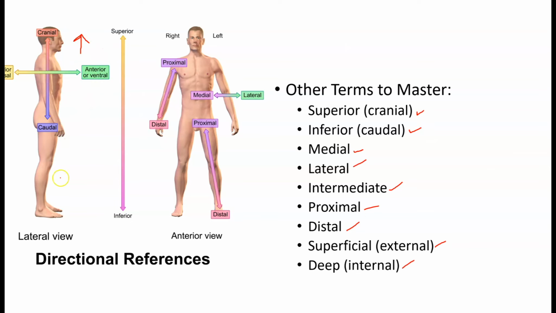Inferior is down toward the feet. Medial is anywhere toward the midline of the body. Lateral, we're moving away from that midline. Intermediate's kind of a toughie; it's found in between the medial and the lateral. We'll look at that a little bit more in a second.